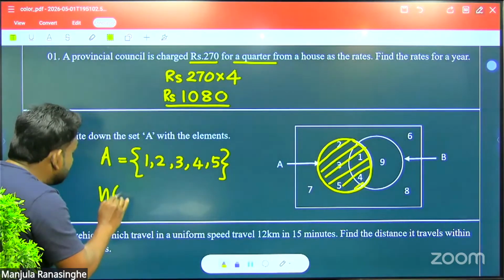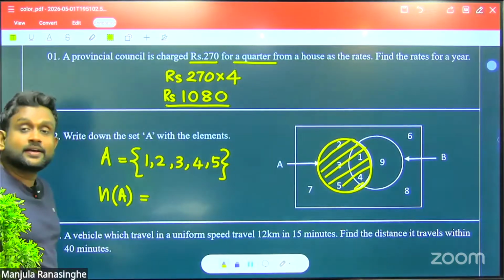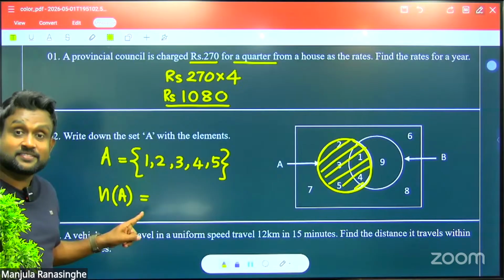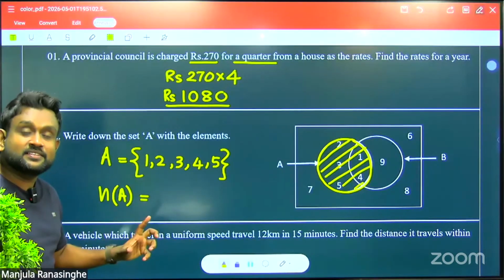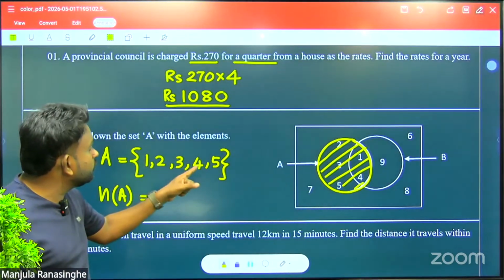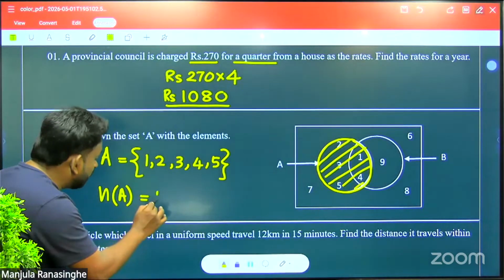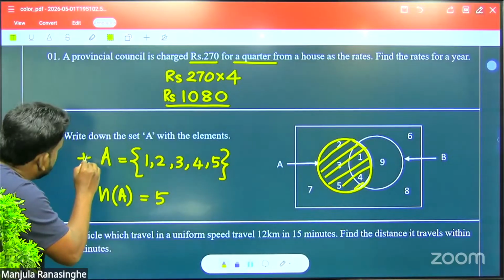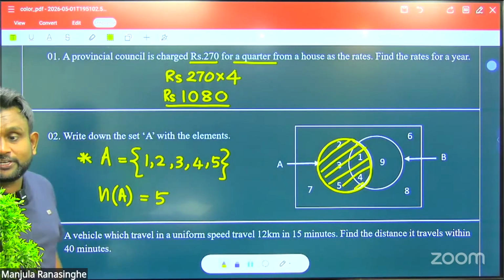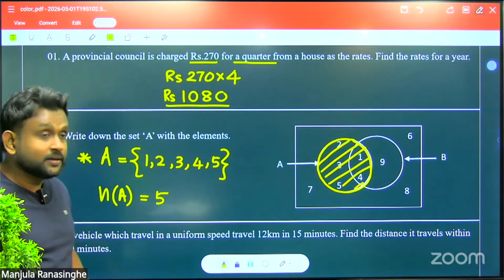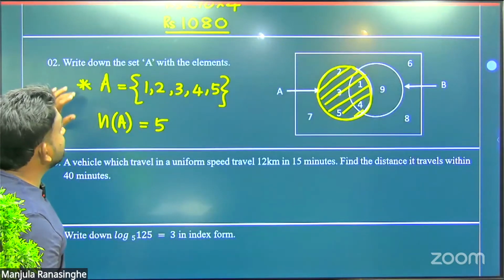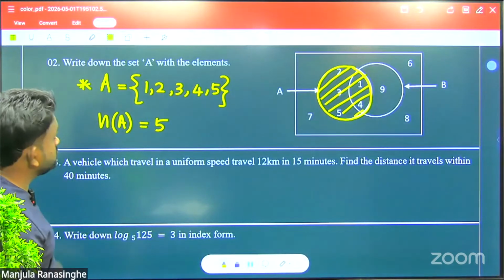As additional knowledge, n(A) means the number of elements of set A. So that is a count, not a set. Just count 1, 2, 3, 4, 5. So how many elements? 5 there. That is further knowledge, but here only this part is required. They are asking about the elements of A. Understood?